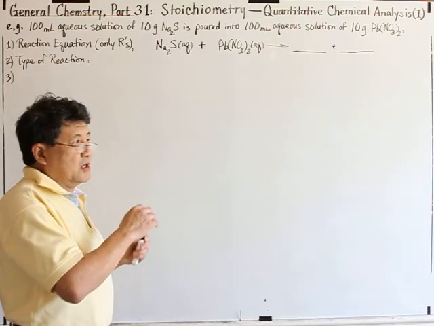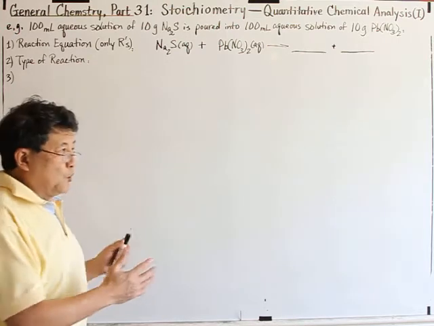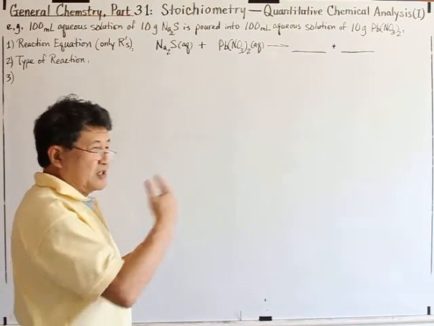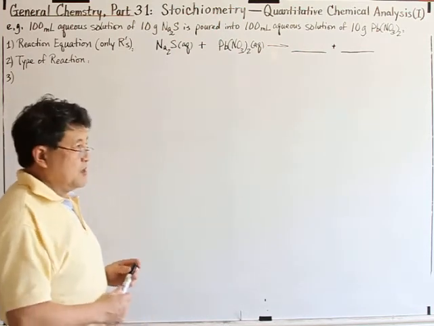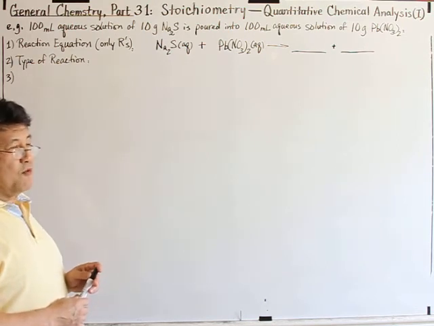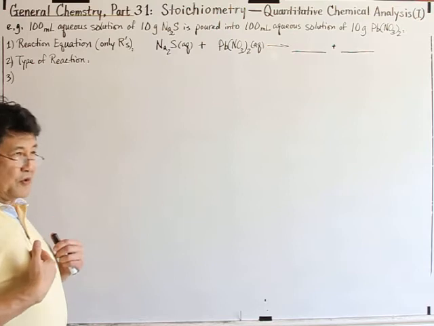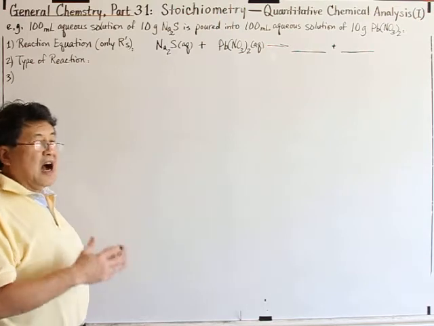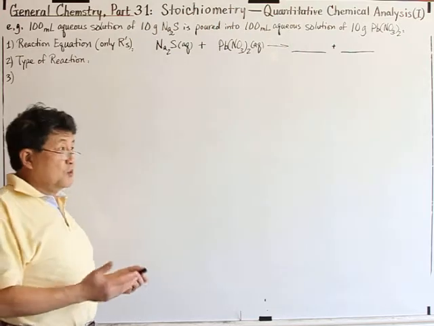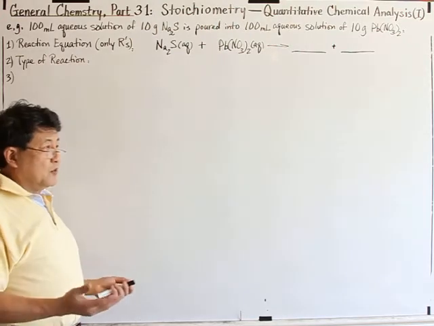So it is the conversion factor between the mass in grams and the number of moles of the same species. Molar mass or gram formula weight, which is the one I prefer, because when we involve ionic compounds, you don't have molecules. So you don't say molecular formula for an ionic compound.